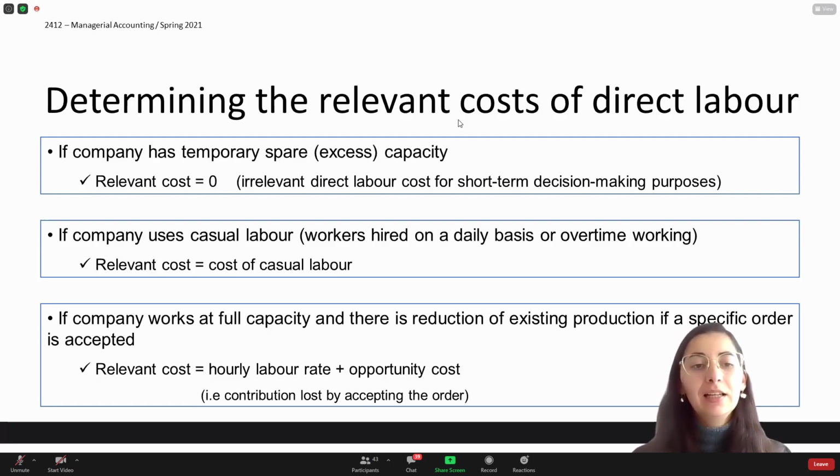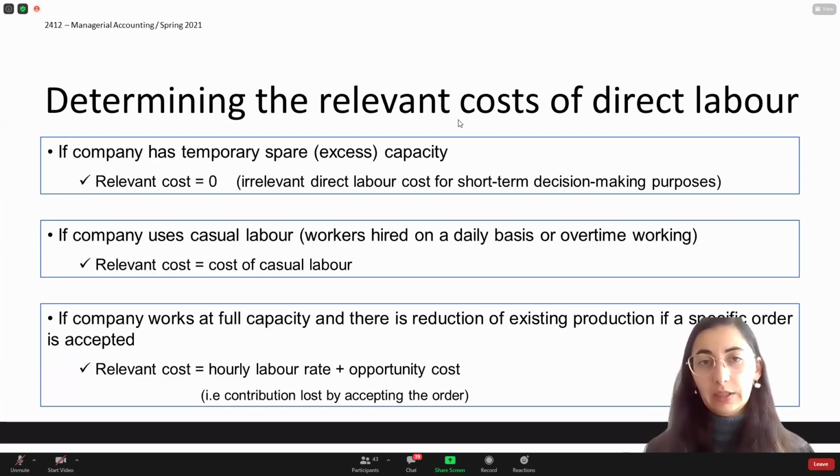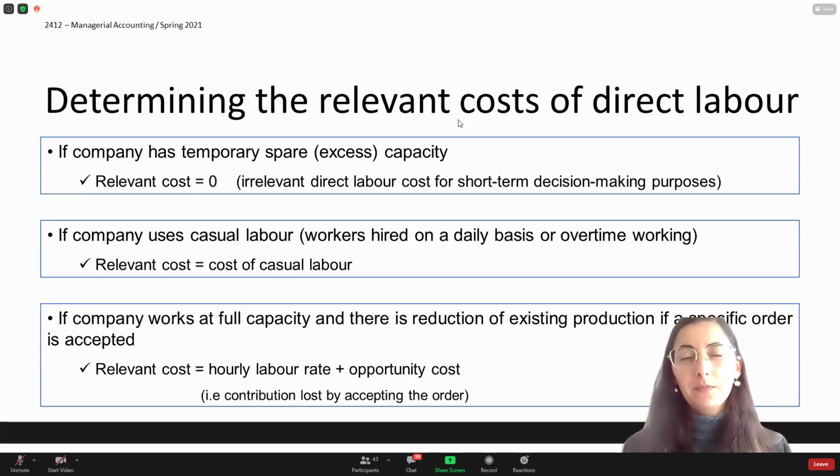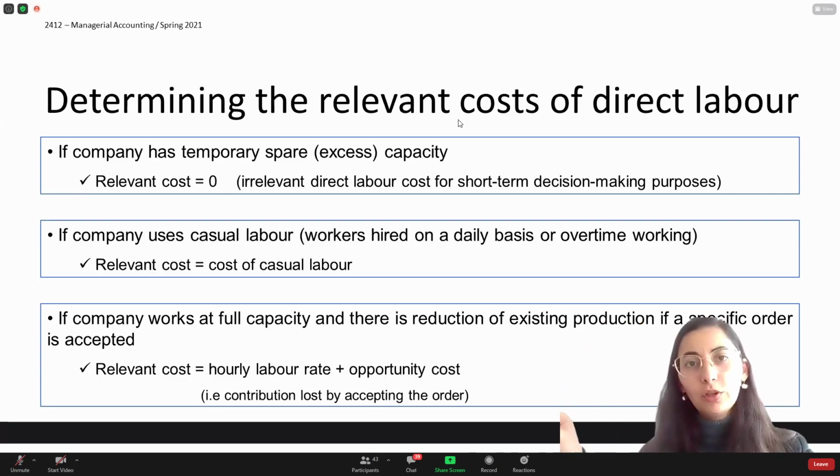No, in terms of relevant costs, we still have to include both the salary corresponding to the time that he's working, plus the opportunity cost. Yeah, but that doesn't change. The salary is the same. It just started working 1 hour per week on something else or whatever. But that cost will now go to this product instead of going to the other product.